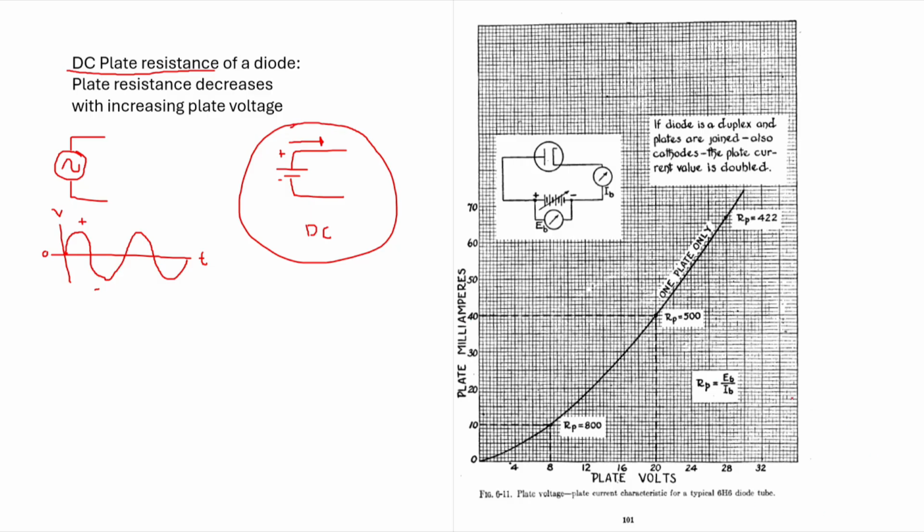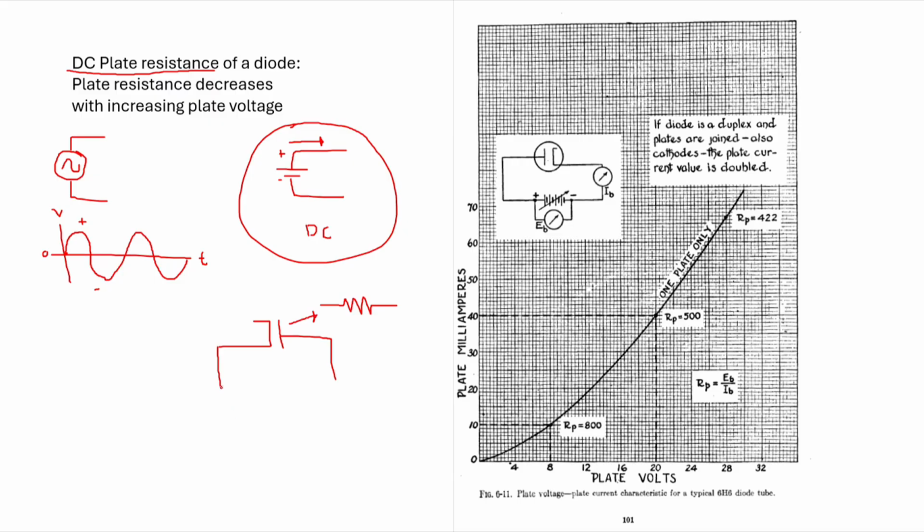So back to resistance. How do we know how much this thing is resisting? We know that our rectifier tube, our diode, is acting like a resistor. It's neither an open circuit nor a short circuit. So what resistor would it be acting like? What value?